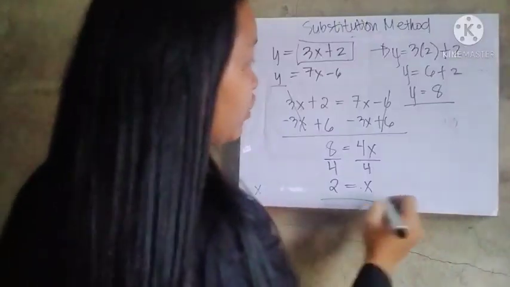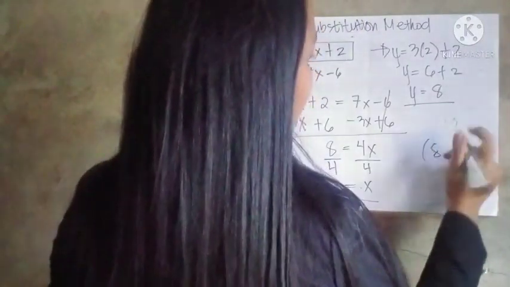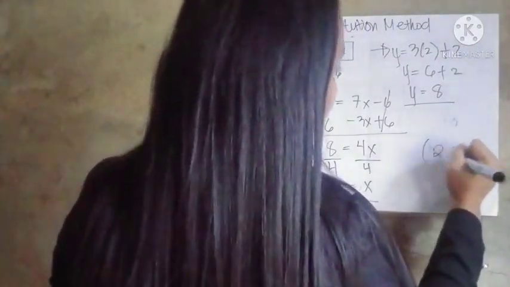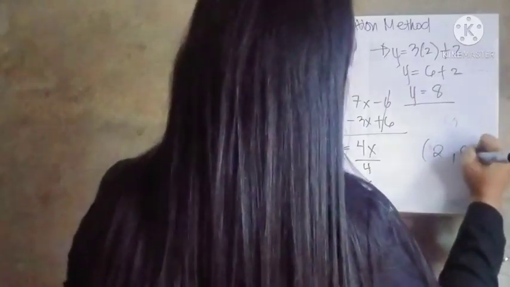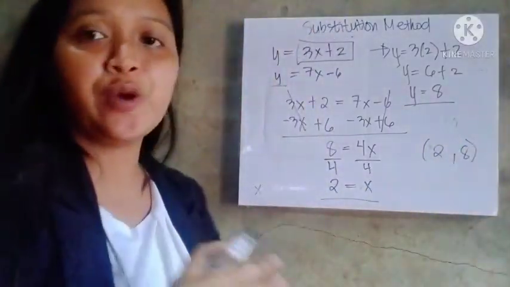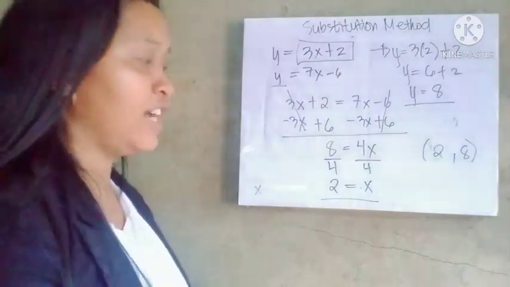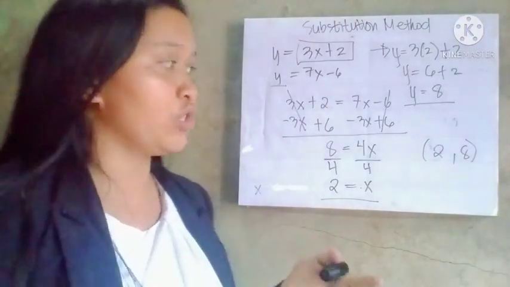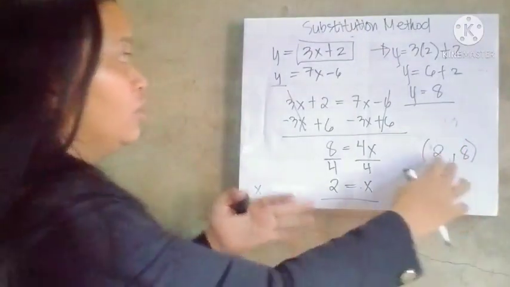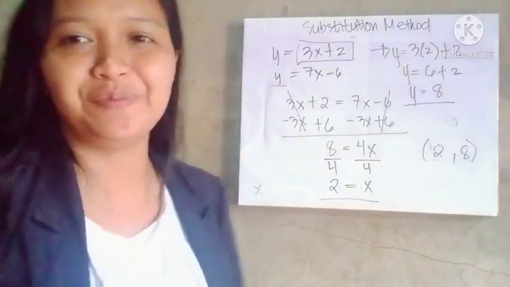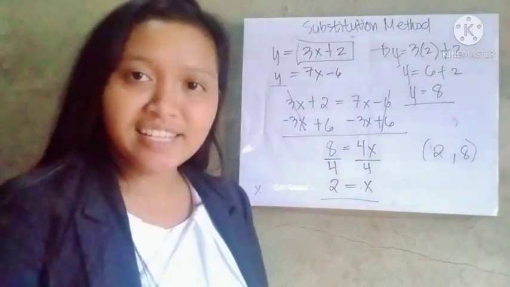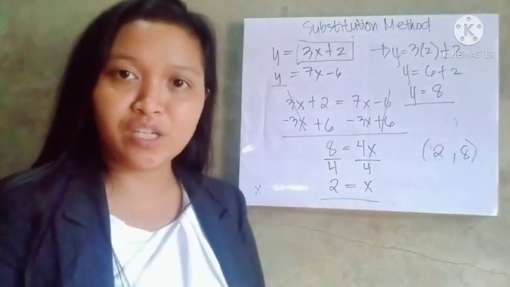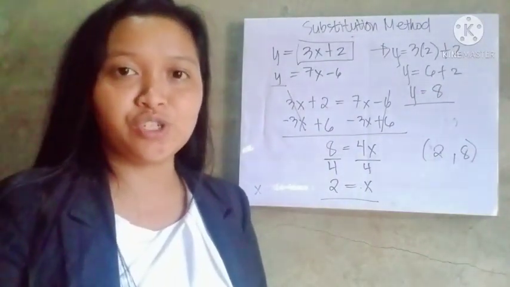So our solution is 2 and 8. So again, if you're not satisfied, try to check your answer with substitution using this value in these equations. And that's how to solve a system of equations using the substitution method.